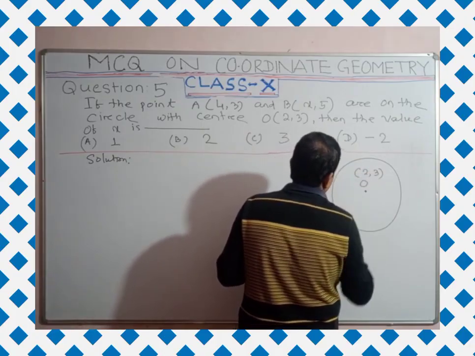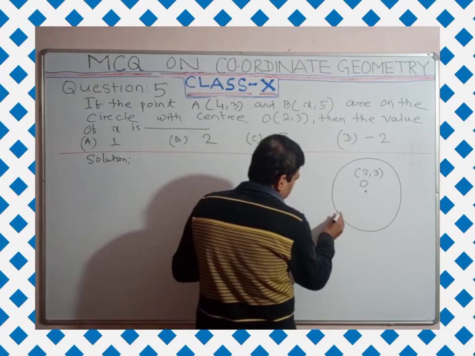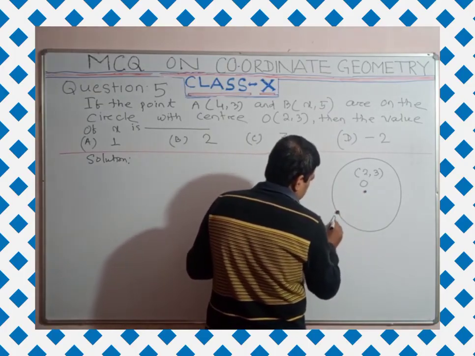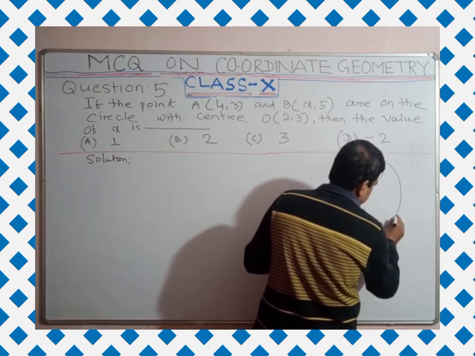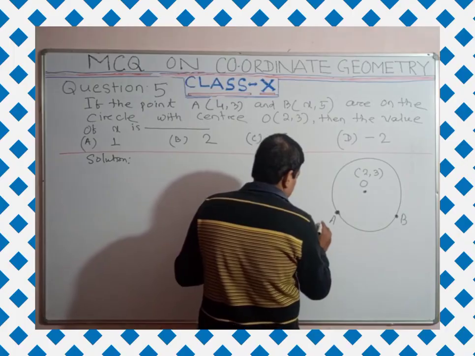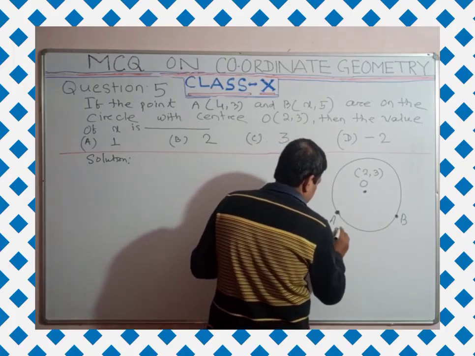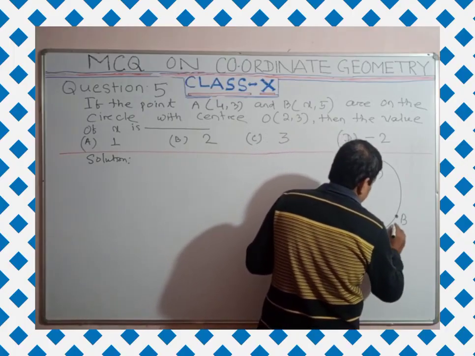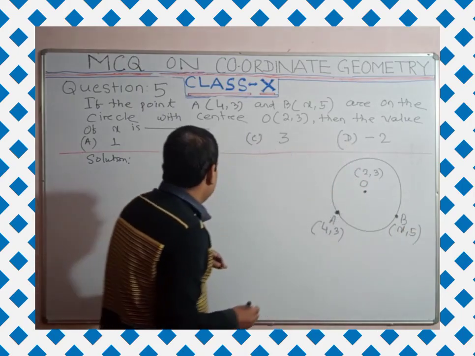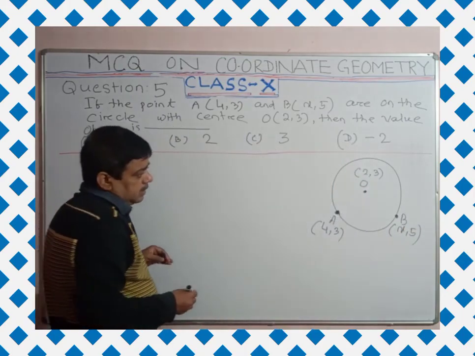X coordinate is 2 and Y coordinate is 3. And there are 2 points on the circle. One point is A, the other point is B. The coordinate of A is (4, 3) and the coordinate of B is (x, 5). Understand or not? So what is the value of x?